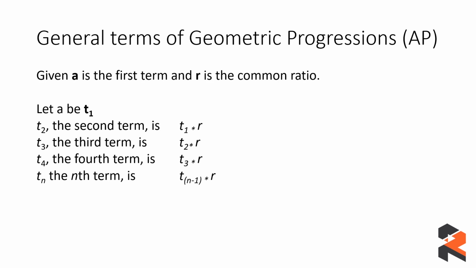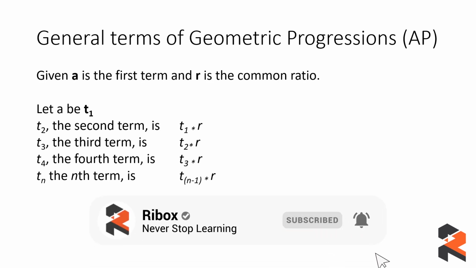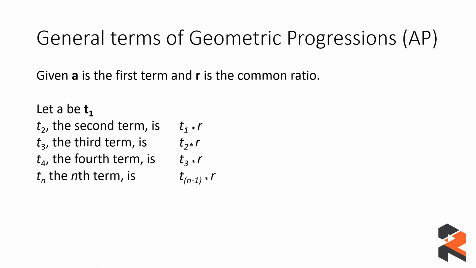Now if A is the first term and R is the common ratio, then there are some general terms in GP which we can obviously get from these details. The second term, T2, is found by multiplying the common ratio with the previous term, T1. Similarly, T3 is found by the product of T2 and R. Just as we discussed, the previous term is multiplied with the common ratio to find the next term.